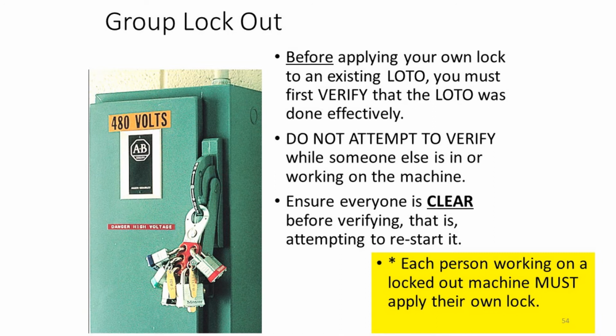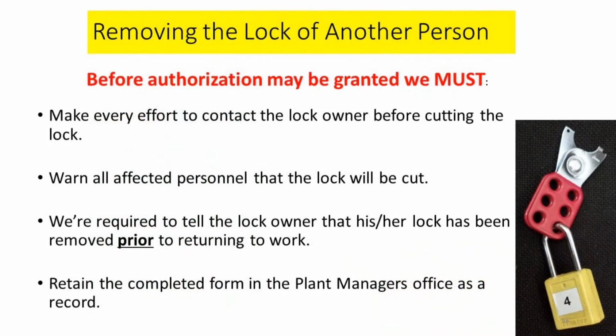Before applying your own lock to an existing lockout, you must first verify that the lockout itself was done effectively. First of all, do not attempt to verify while someone else is in or working on the machine. Ensure everyone is clear before attempting the verification step. Then apply your lock.